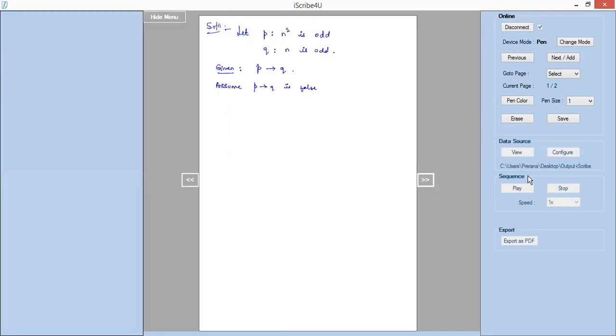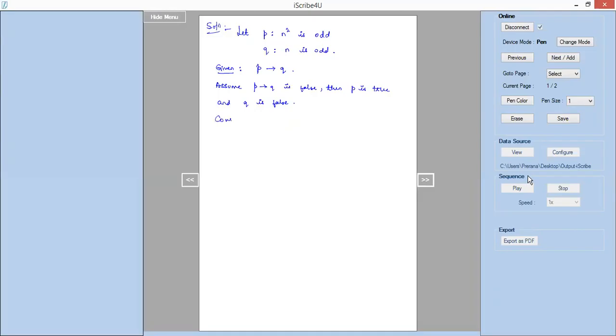Then P is true and Q is false. This is the hypothesis step. Then in the analysis, we have to consider Q is false and try to arrive at the contradiction, that is P is false.